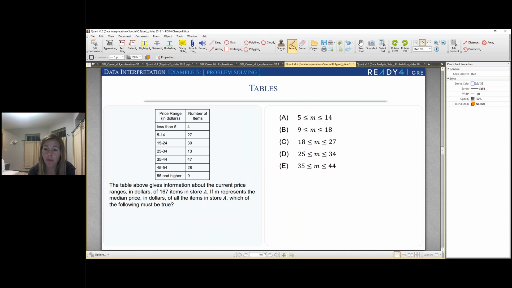Okay, so here's another problem involving range. This also gets at the idea of median. So we've got mean, median, and mode. Mean is average. What is the median?